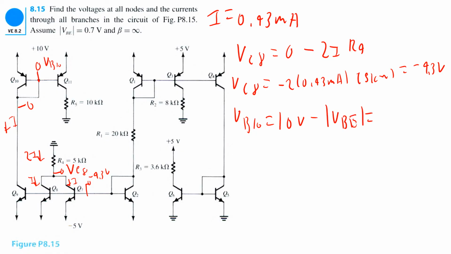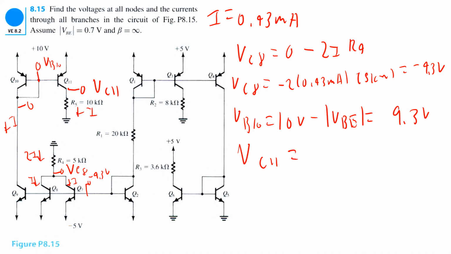So that would be 10 minus 0.7, or 9.3 volts. All right, and then I think that just leaves this voltage here. So this is the voltage at the collector of Q11. And again, Q11 is just receiving that same current, I.